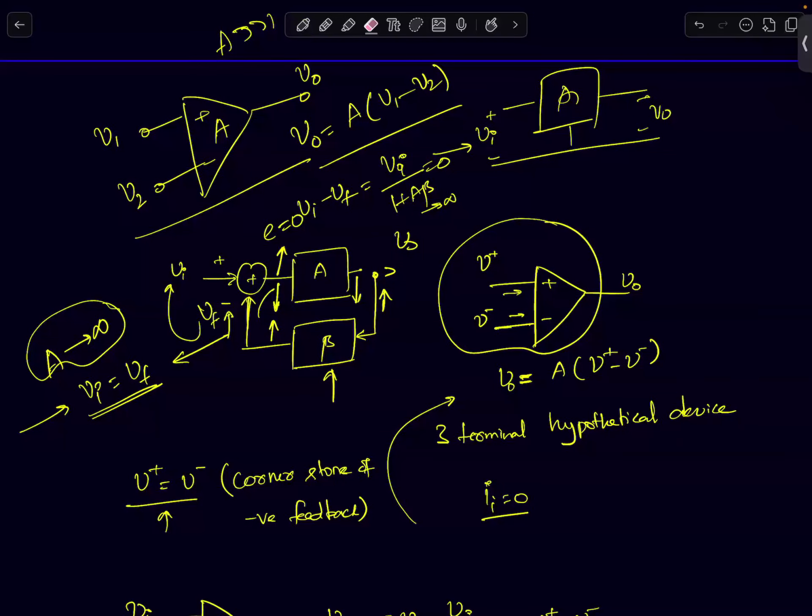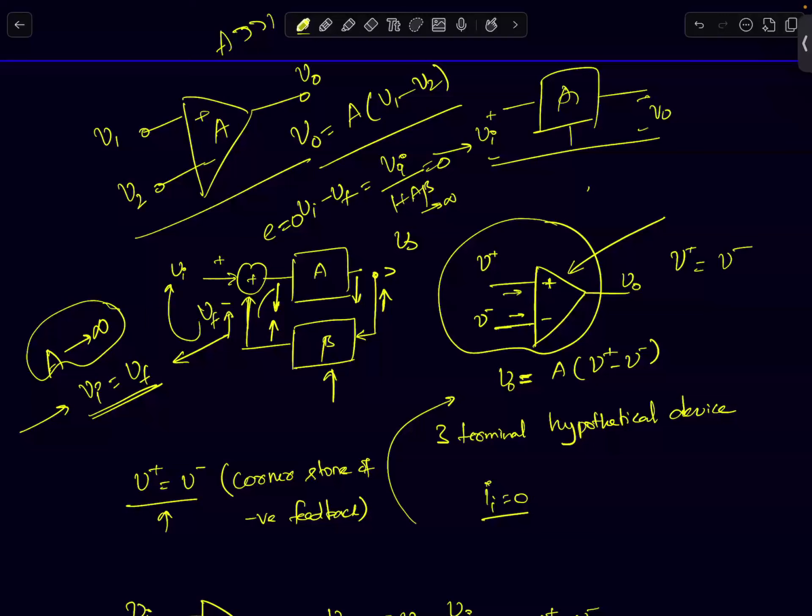So all I'm saying is, if you have a circuit which consists of this hypothetical device, a high gain amplifier, or we are calling it an opamp, and you know the circuit is in negative feedback, then you can easily use the result that V plus equals V minus. I'm using the word V plus for this 3-terminal device.